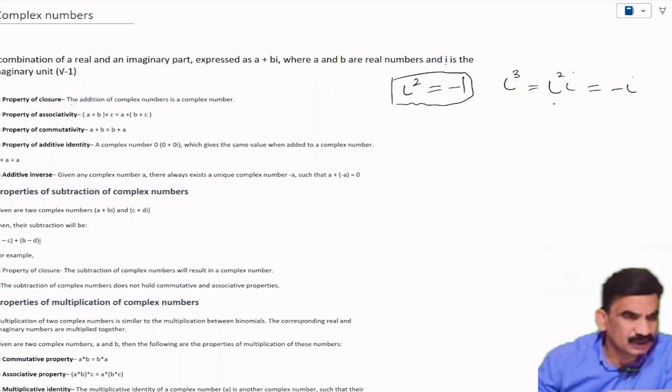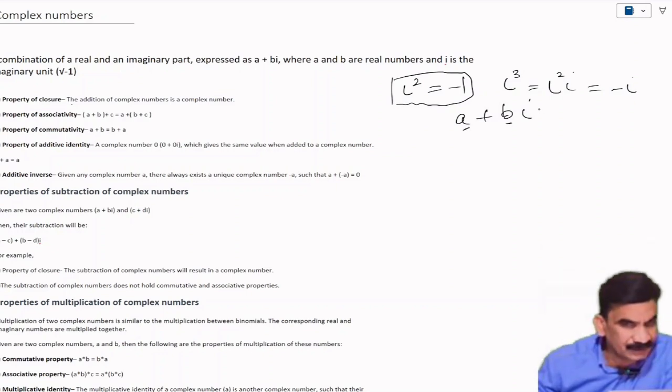So a complex number is of the form a plus bi. Remember, a and b are real, and this becomes imaginary because of the presence of i. Why do we need this i? Obviously there could be a quadratic or any polynomial of this kind.